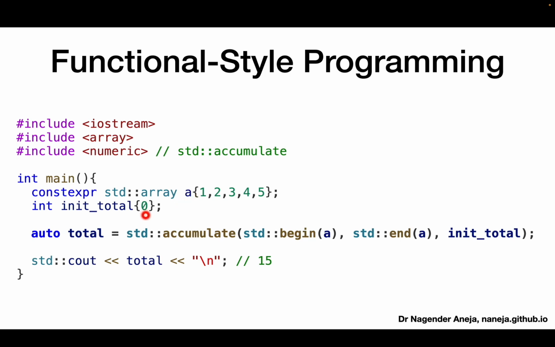So the accumulator is 0 initially, and then the accumulator is added to 1, it becomes 1, and then the accumulator is added to 2, it becomes 3, added to this, it becomes 6, and 4, 10, and then 15, right? So that's what accumulate does: it applies this function on each element starting with this one, right? But we have not defined how this is done. You just say accumulate, reduce it to a single number, use begin and this initial total, and we'll get the total. That's functional style programming.